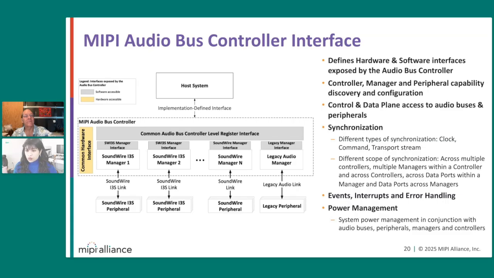And the scope of synchronization includes across multiple controllers, across multiple managers, across multiple data ports within a manager. So scope can be narrow or wide depending on the use case.